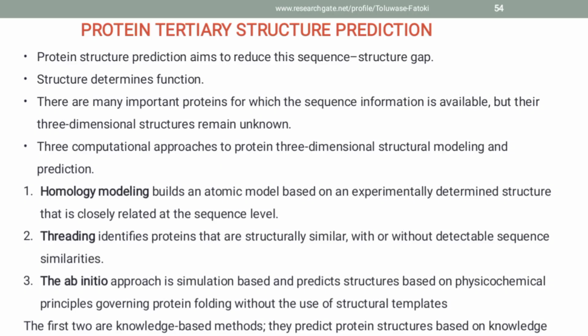Ab initio makes use of the principle of protein biophysics, in which the one that folds best will have the lowest Gibbs free energy. So based on the folding pattern, the one that has the lowest Gibbs free energy is said to be the best structure. It's based on the ab initio model.